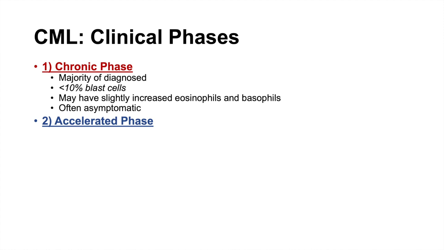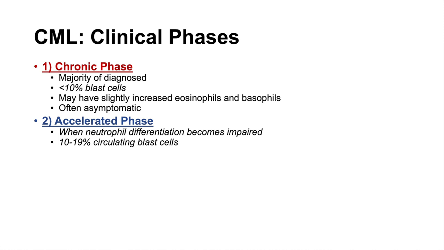The next phase is accelerated phase, and this is when neutrophil differentiation becomes impaired. Remember I said that neutrophils still have the ability to differentiate. Well, in this phase, that differentiation ability starts to become impaired. This is when we have about 10 to 19% circulating blast cells. We also see an increase in basophils at this time.